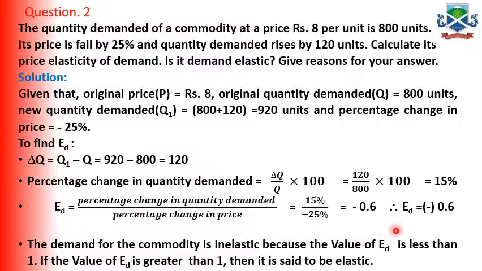When the elasticity of demand is less than 1, it is said to be inelastic demand, and when it is greater than 1, we call it elastic demand. Since 0.6 is less than 1, that's why it is inelastic demand. That is the reason for your answer.